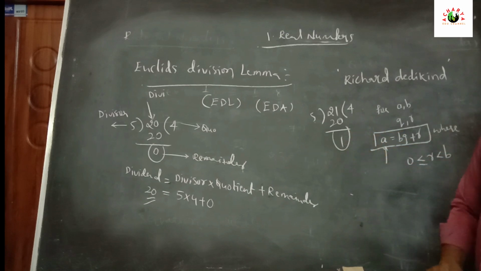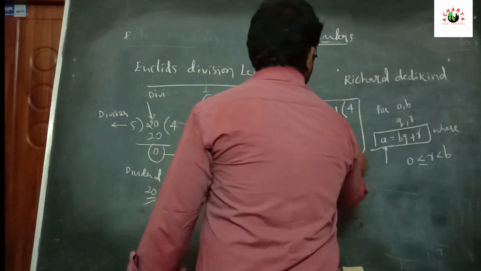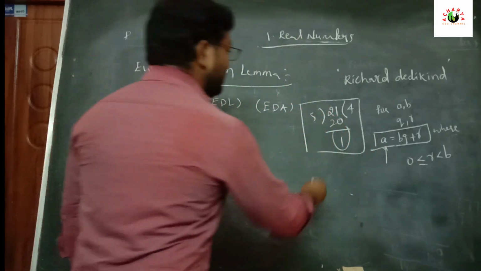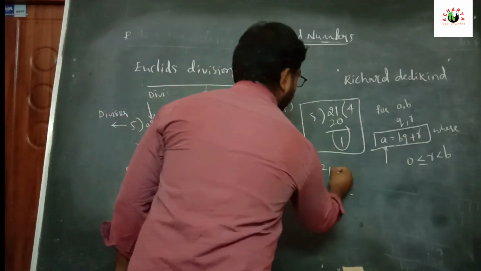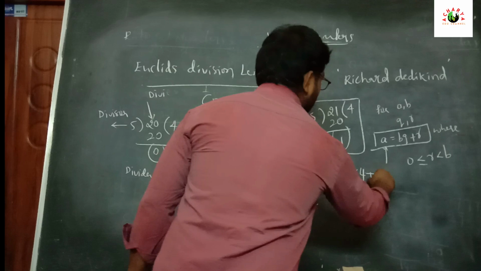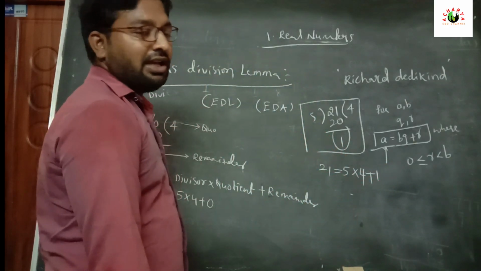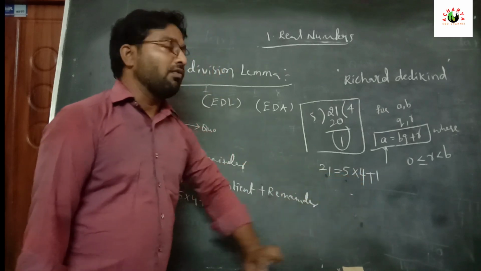Here 1 is the remainder. So in this problem, a is equal to 21, b is equal to 5, q is equal to 4, and the remainder is 1. So 21 is equal to 5 into 4 plus 1.